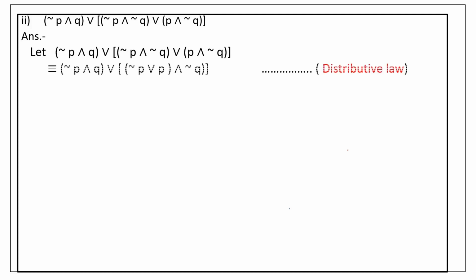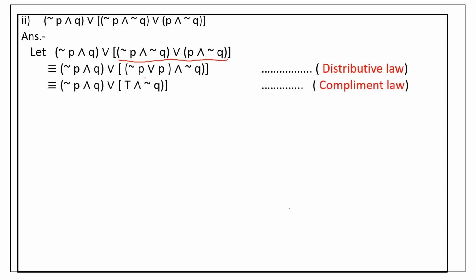Again the expression is given and we have to convert it into simple logical expression by using laws. So we write the given expression as it is. First we use distributive law. See, for this bracket we use distributive law. Next, now what will be this? Negation P or P is nothing but T, that is complement law.